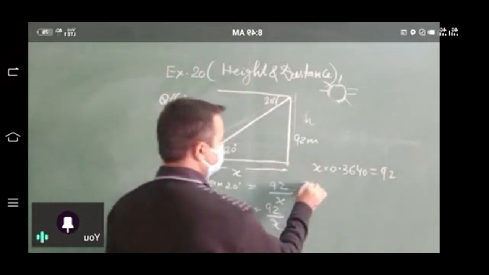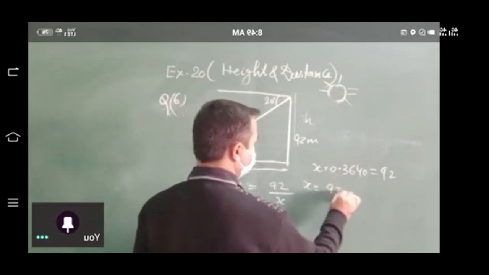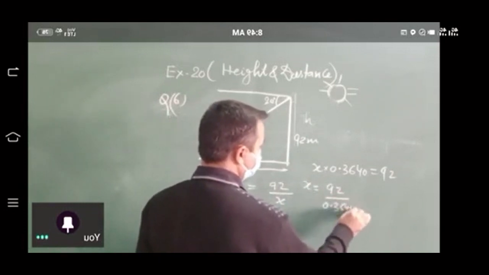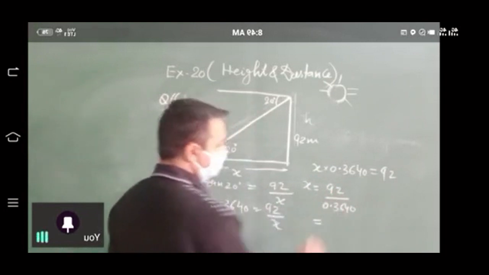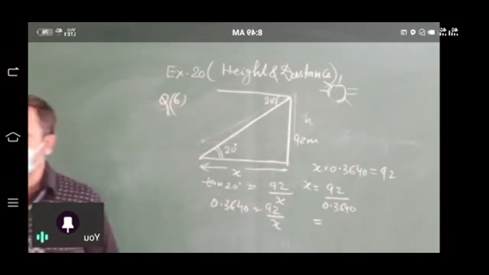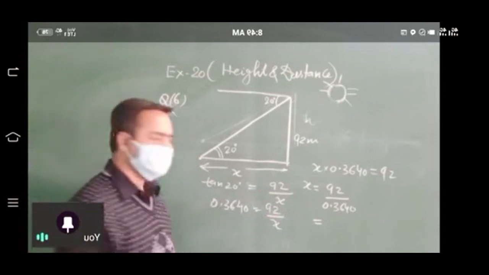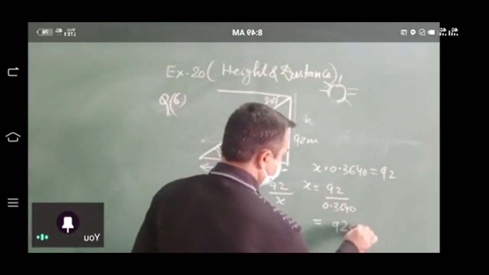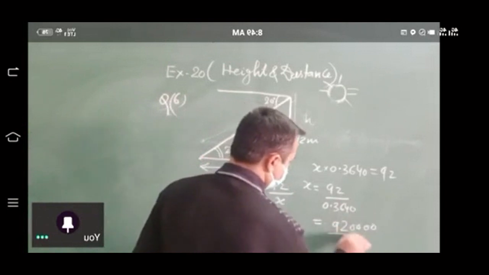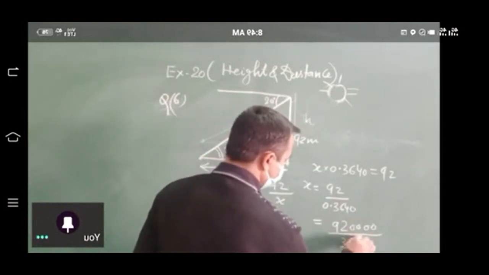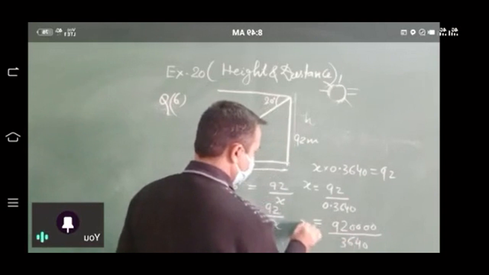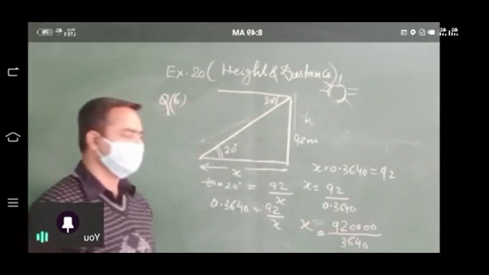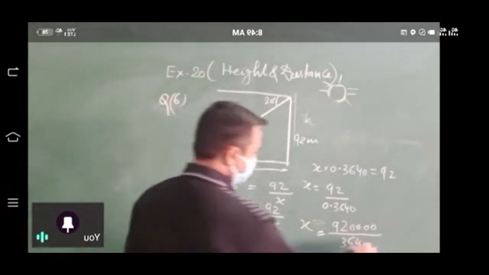So x is equal to 92 divided by 0.3640. There are 4 decimal digits, so increase 4 zeros in the numerator: 920000 upon 3640. Simplify this one; 10 will cancel out.